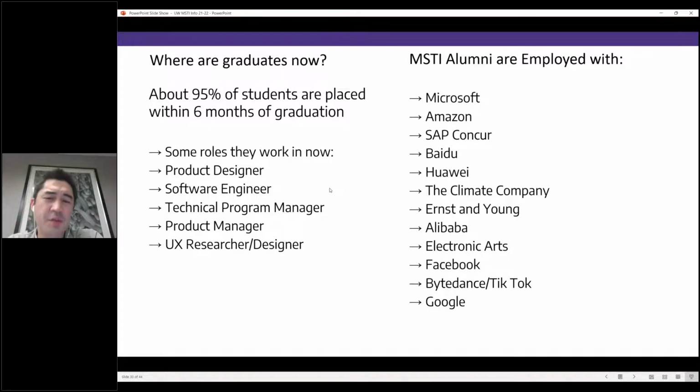And some of the companies that they work for: Microsoft and Amazon, of course, are our Seattle area staples. There's a lot of hiring that they do, but also internationally, in other states and other countries as well. Facebook, or now Meta, has its biggest offices outside of Silicon Valley right next to our building, so we have a lot of interaction with them.